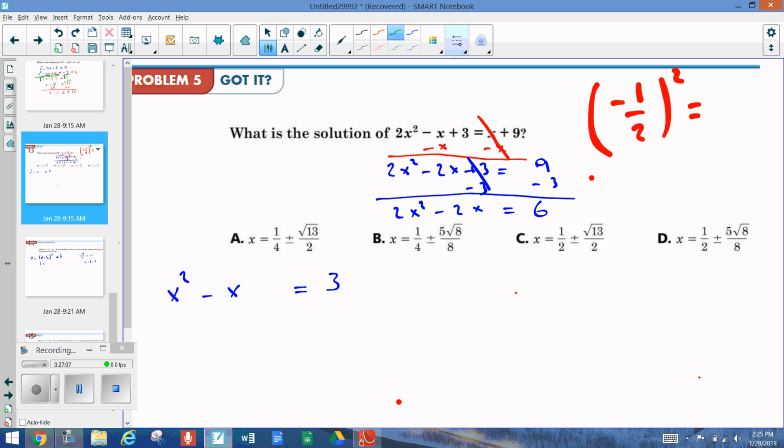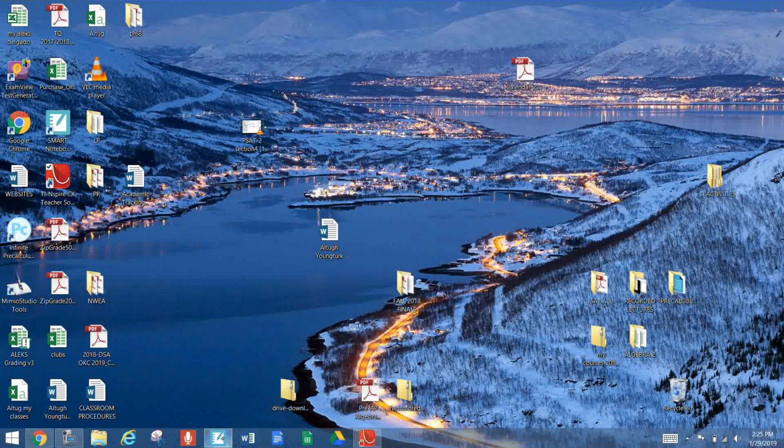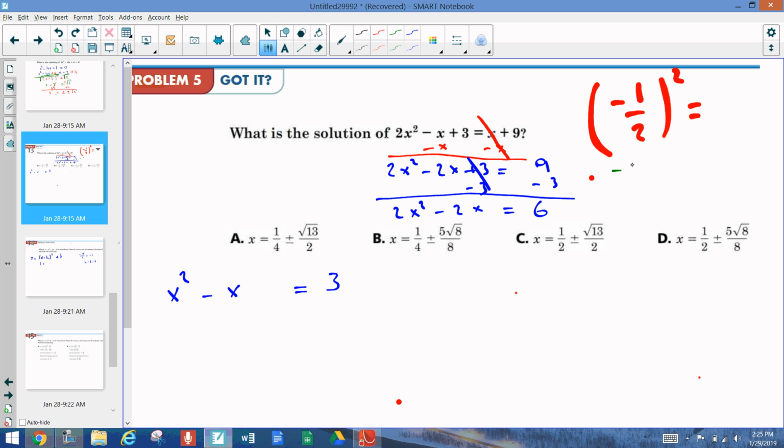That means negative 1 over 2 times negative 1 over 2. That makes what? Positive 1 over 4. So I'm going to add here 1 over 4. If I'm doing this, in order to keep the balance, I have to do the same thing to the right hand side. Is that clear?